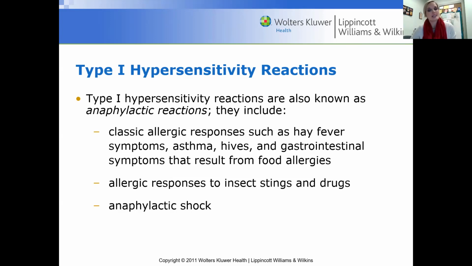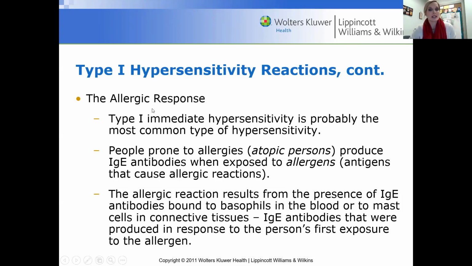Allergic responses to insect stings, so like those that are allergic to bees, sometimes we see swelling around the area that they are stung, or with a severe allergy to bees, maybe even anaphylactic shock, where breathing is cut off. So things of that nature too. Those all fall in type 1 hypersensitivity, which is your most common type. So the allergic response is that type 1 hypersensitivity, probably the most common type of hypersensitivity.